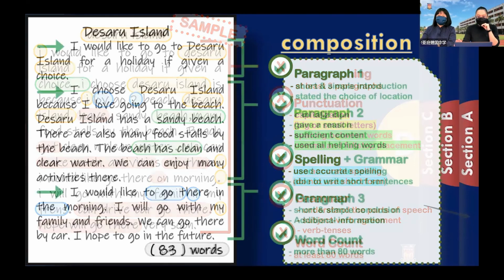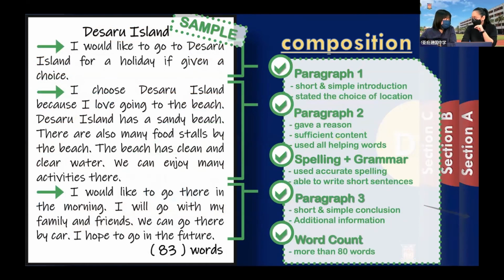Let's have a look at the correct sample. And this would be a more appropriate example. We have 3 paragraphs, the standard one, and capital letters, everything is perfect. And at least 80 words.